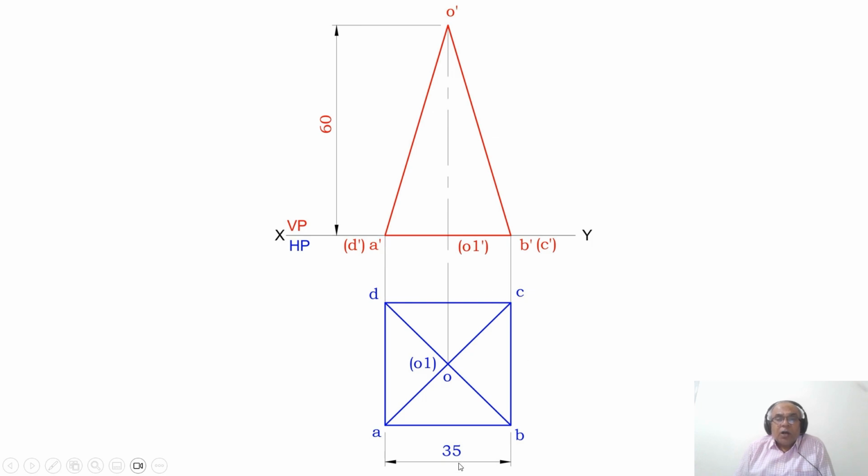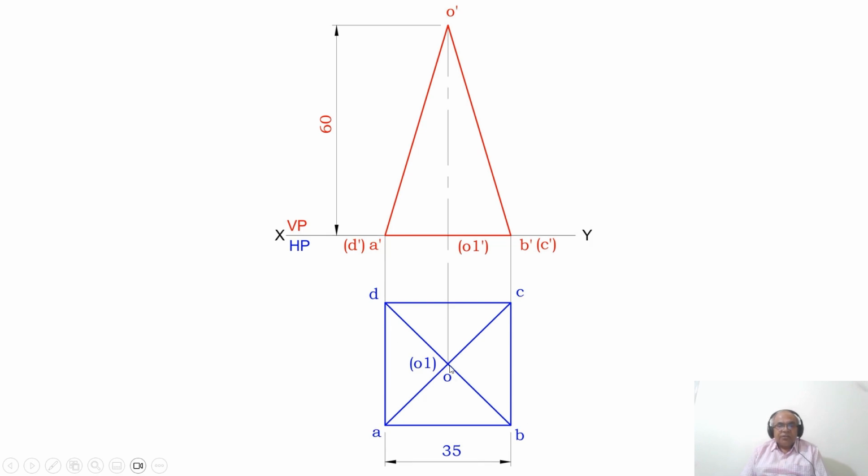Now, how to start creating the drawing manually. First, we will draw the XY line and mark VP and HP. Then you measure 35 mm and draw a square on the horizontal plane. You mark these points as A, B, C and D. Join the diagonals AC and BD with a dark line.